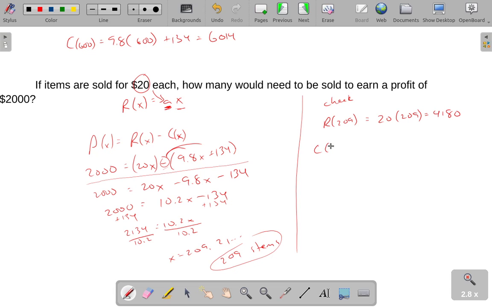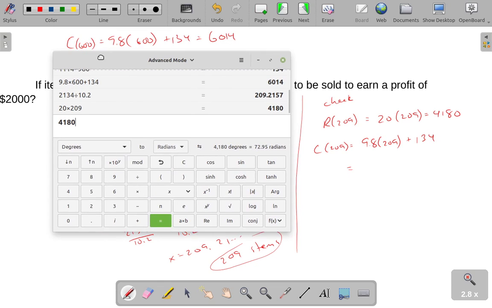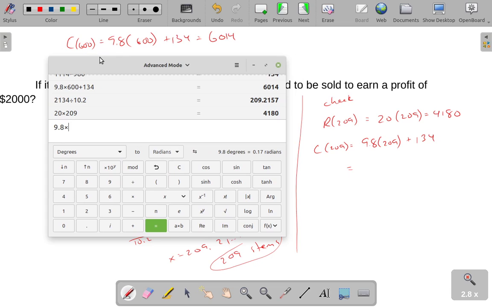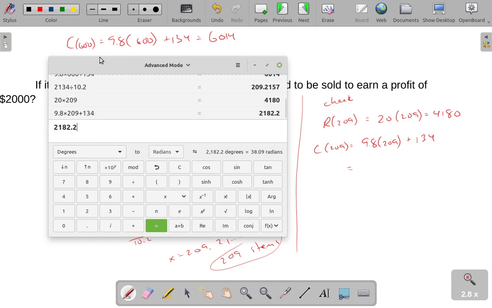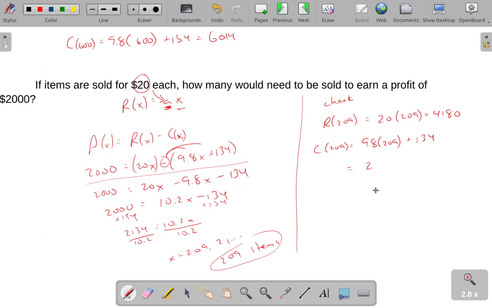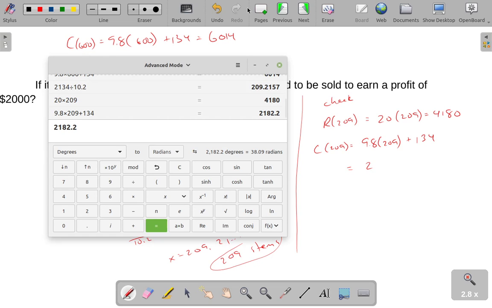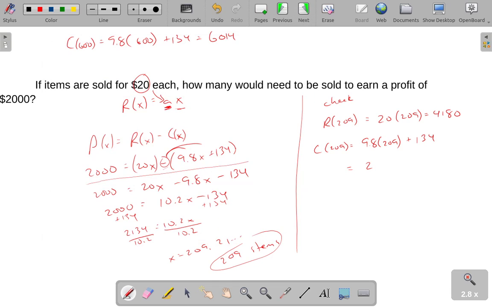And your total cost for producing 209 items is 9.8 times 209 plus 134. Which gives us, oops, I lost my calculator. 2182.2.